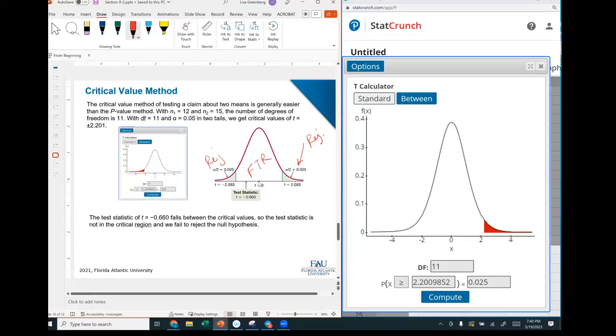So the test statistic falls between the critical values. These are my critical values. The numbers are a little different here. I'm assuming they got that from probably a chart instead of technology. And so the test statistic is not in the critical region, and we fail to reject the null hypothesis. Really similar to what we have already done.